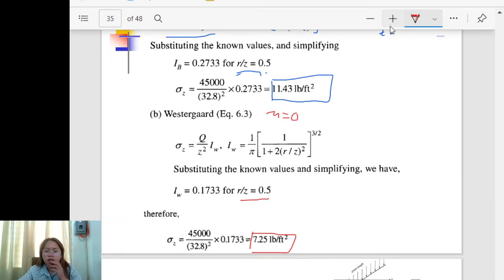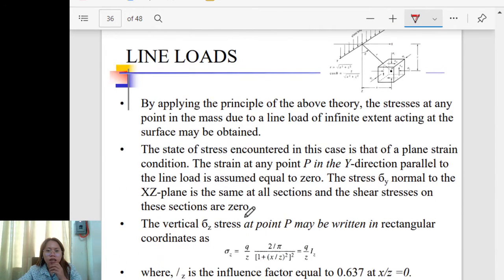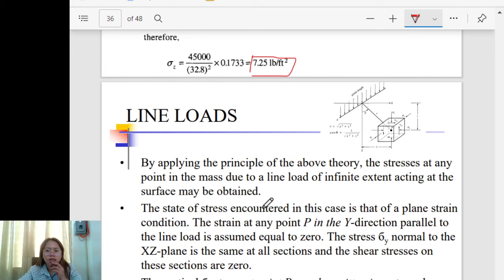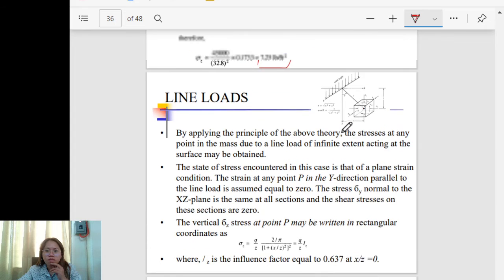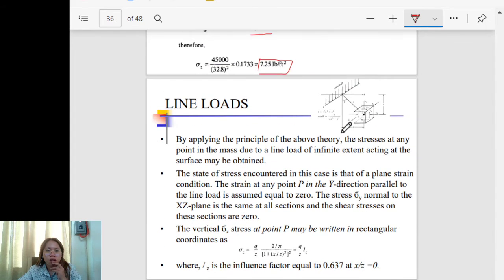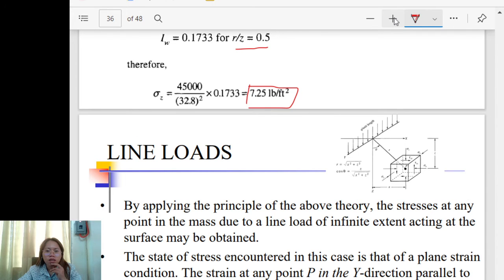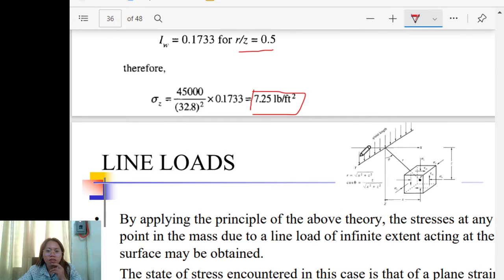And we have the line loads or strip loads, no? So the line loads, by applying the principle of the above theory, if there is a load, what is the line load?